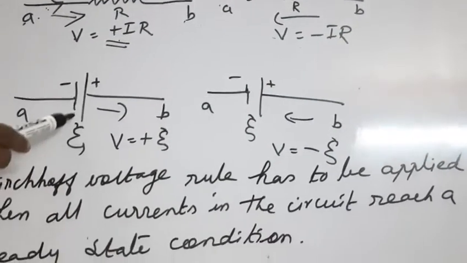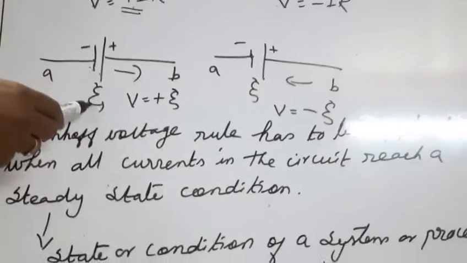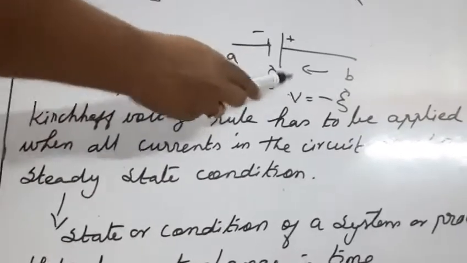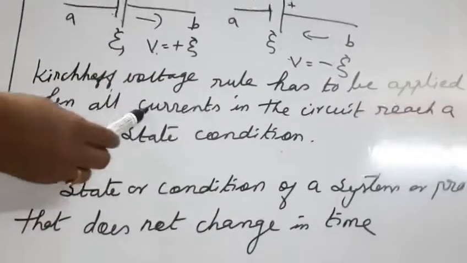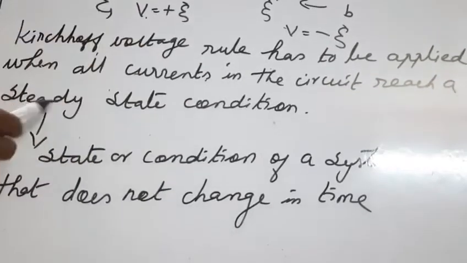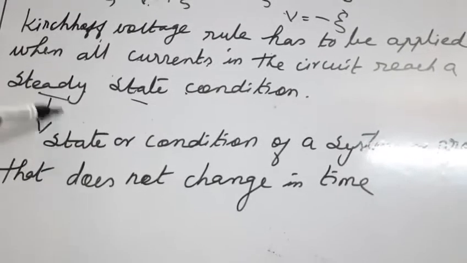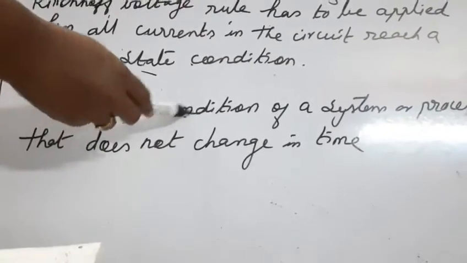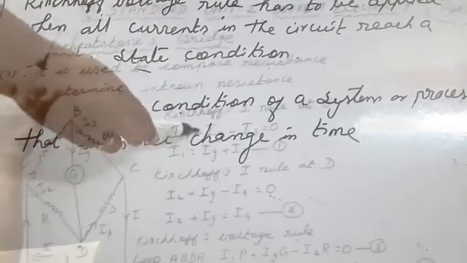Like in the battery, the EMF, if we pass from A to B then V equals plus E, and B to A means it is minus E. The Kirchhoff voltage rule is applied to all the currents in the circuit to reach a steady state condition. The definition of steady state is a condition of a system or process that does not change in time.